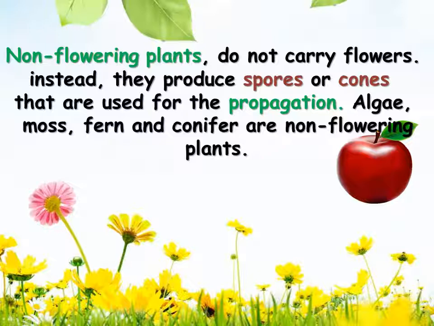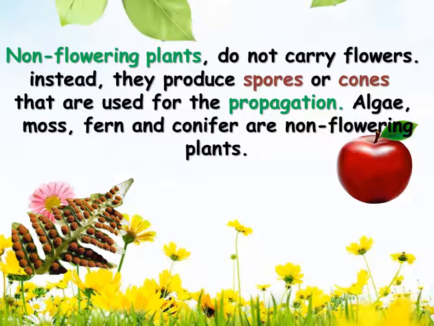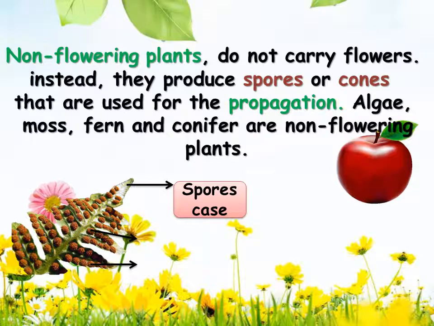Because they do not produce seeds or fruits or flowers where it bears seeds, they will use spores. And spores are carried by a spore case. And these are the spores. The dots that you see, many dots, these are what we call spores.